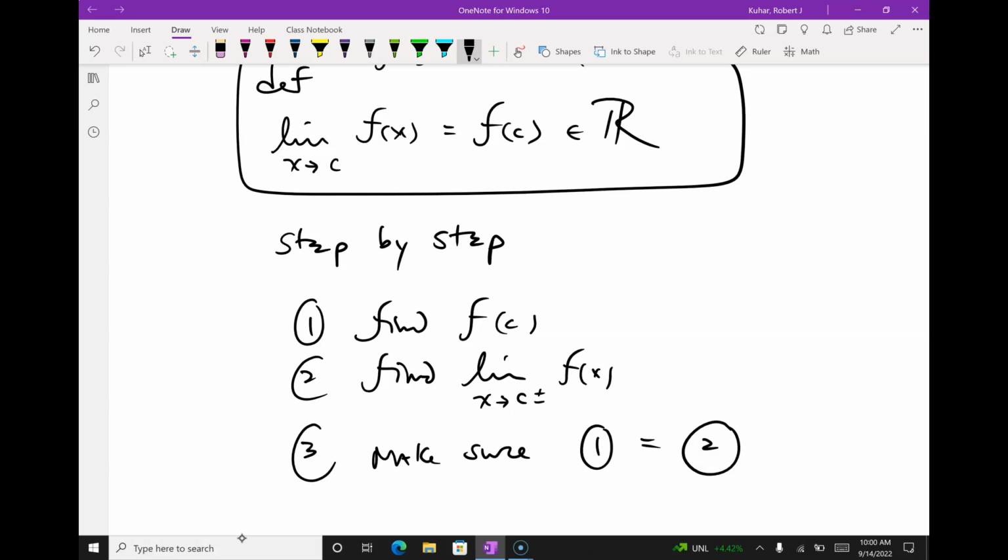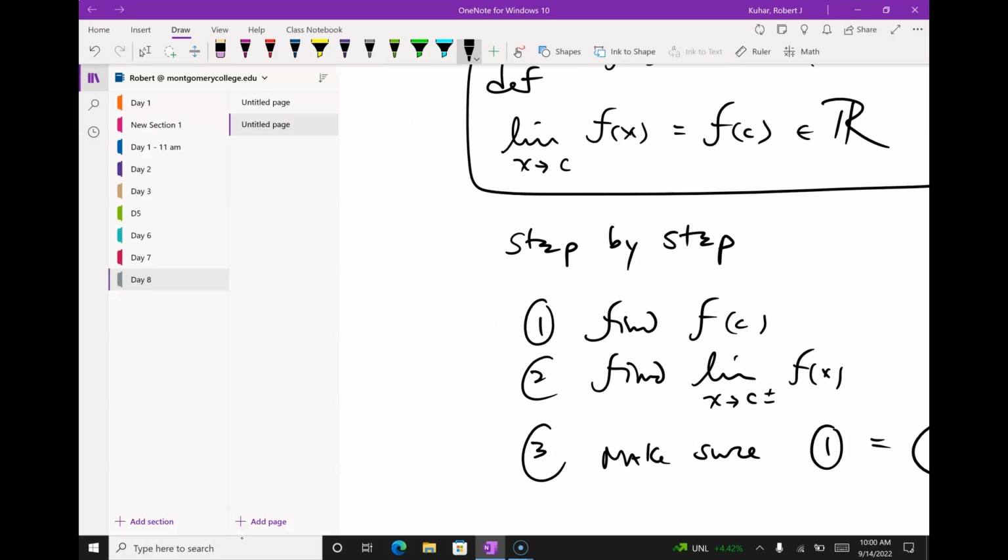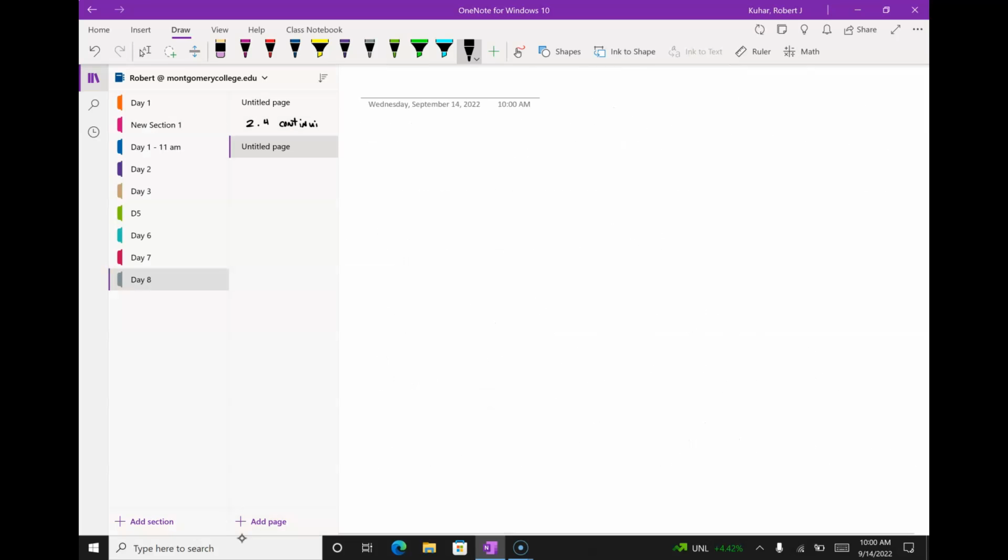Let's look at number 24 in the book. It says, can you remove the discontinuity in this function? So this is 2.4, number 24. F of x is equal to x cubed minus 8 over x squared minus 4.